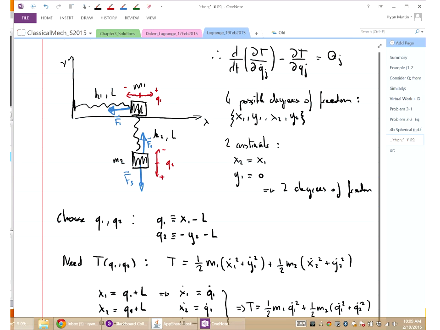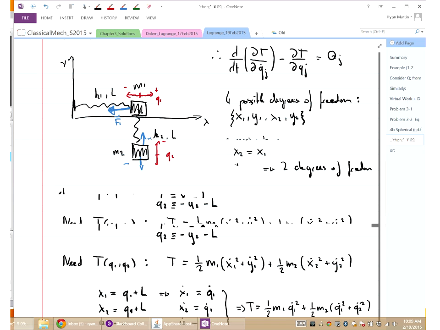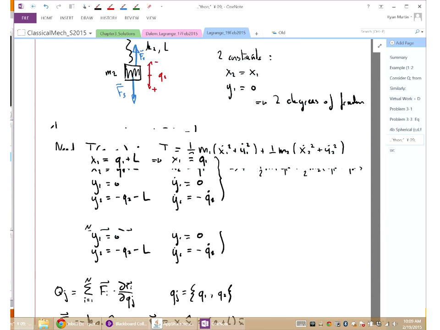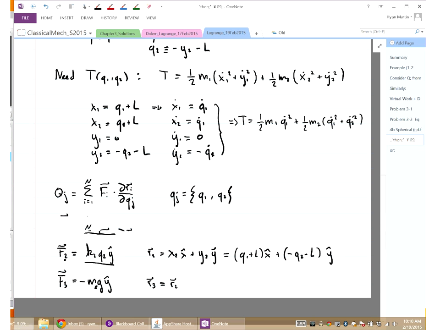So you have to be very, very careful. That's right. So if I compress the spring, now Q2 would be negative, right? Let's look at F2. If I compress the spring, Q2 would be negative. So F2 is still k2 Q2 y hat, right?